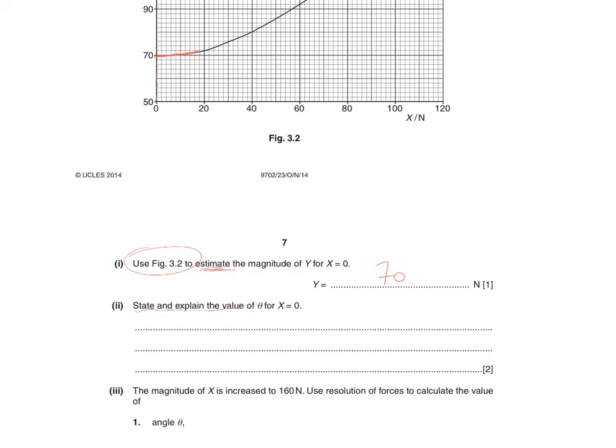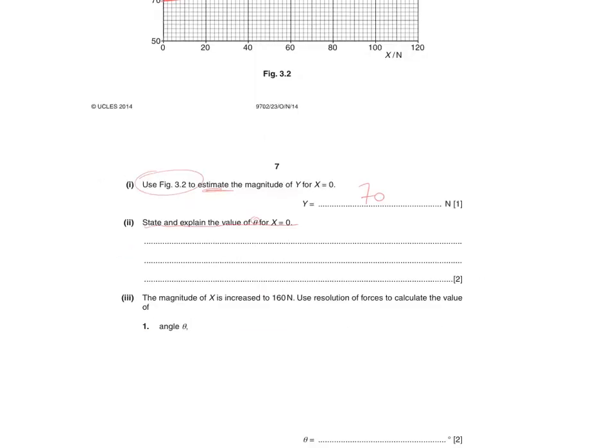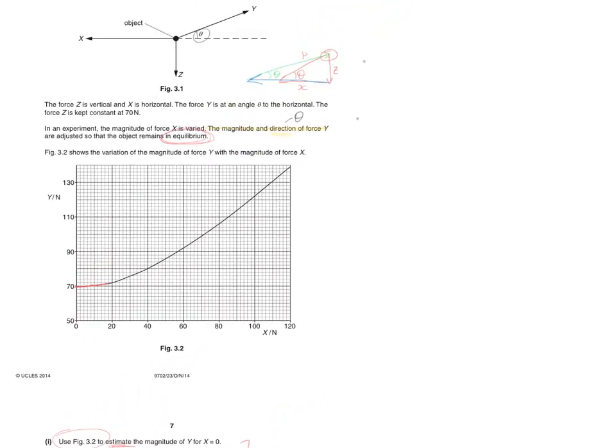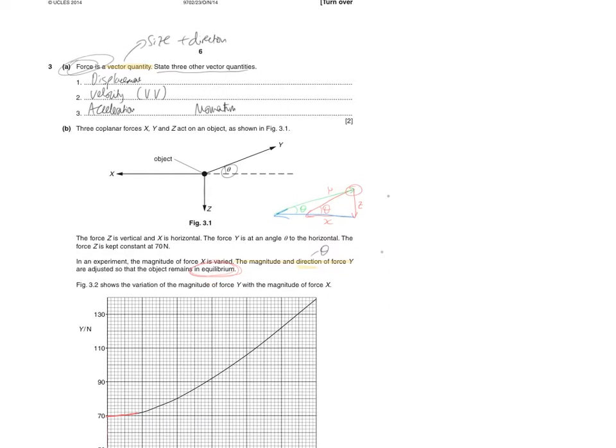State and explain the value of theta, the angle, for x is 0. So, we're saying that x is 0. Right, if we look here, that's telling us that this vector, x, is equal to 0, so it does not exist. So basically we're left with the z vector, and y at some angle theta.